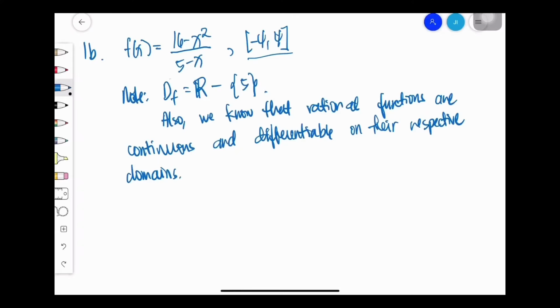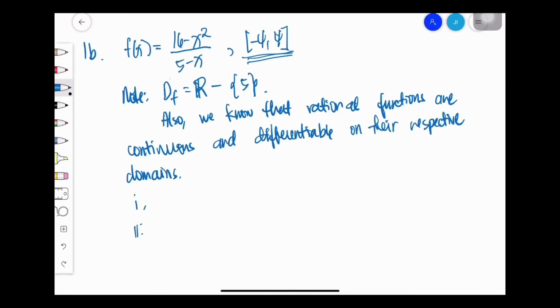Okay, in this case, we can say that since our given interval is in the domain of f, or is a subset of the domain of f, hence the first and the second assumptions have been met.